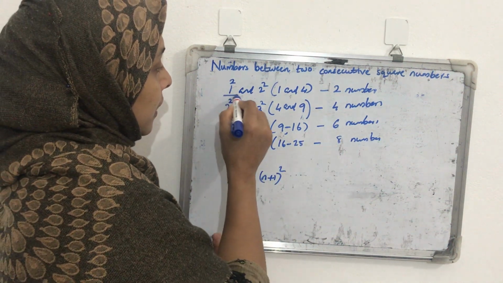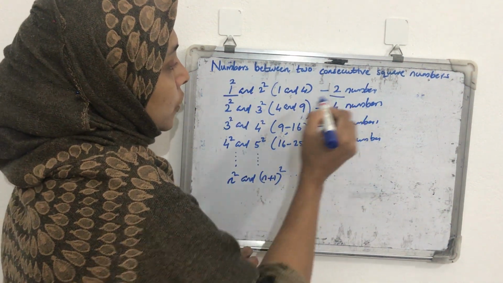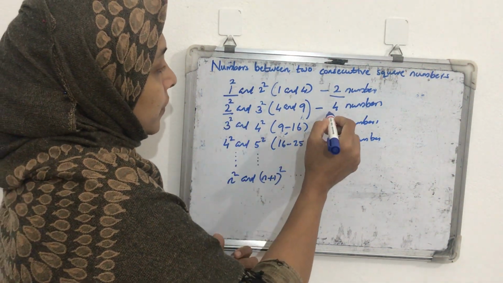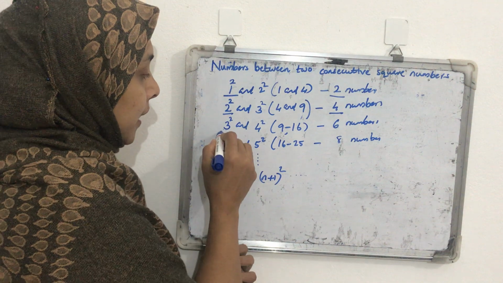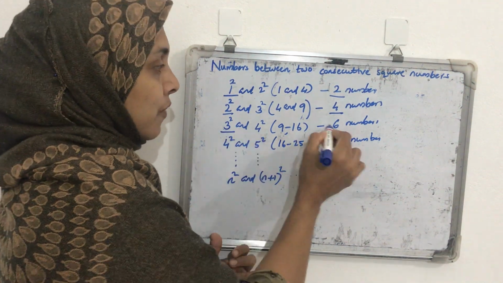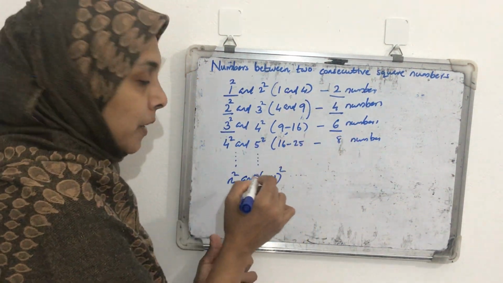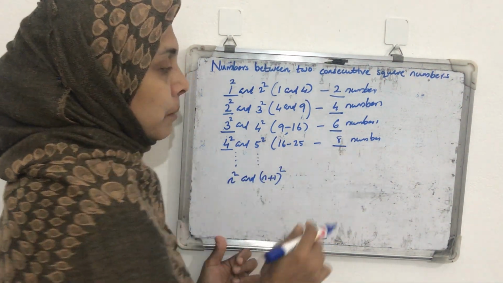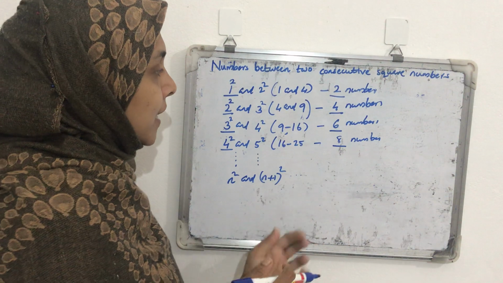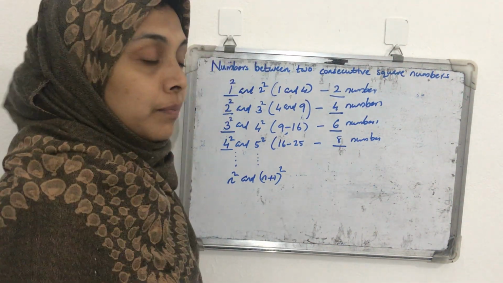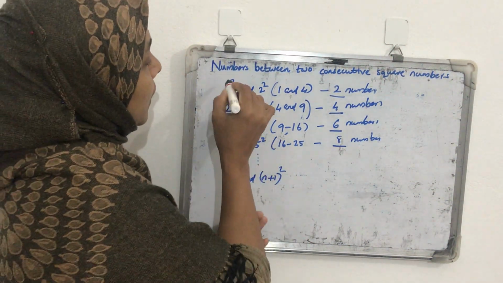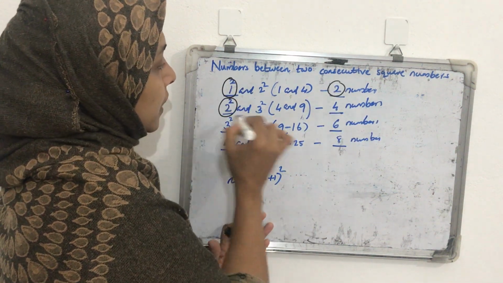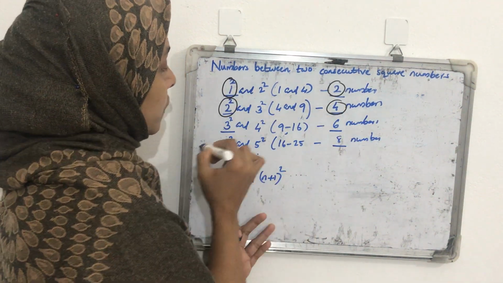In between 4 square and 5 square, 8 numbers are there. Can you see any pattern in these numbers? In between 1 square and 2 square it is 2, and the next we got is 4.